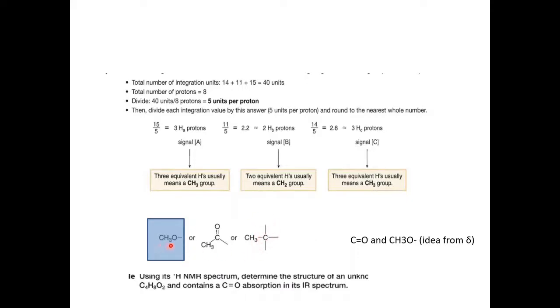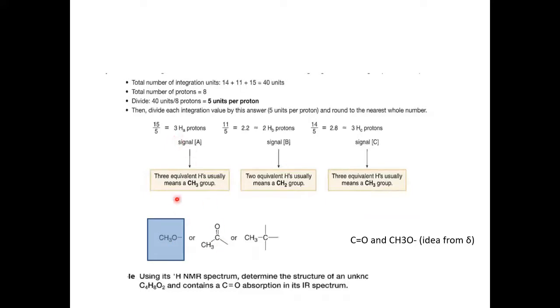So only 3.7 gives the singlet of a CH3O group. So from the inference up to now, this contains C=O and CH3O. This is the idea from chemical shift, otherwise we can rule out this possibility for this singlet which is coming at 3.7, right?